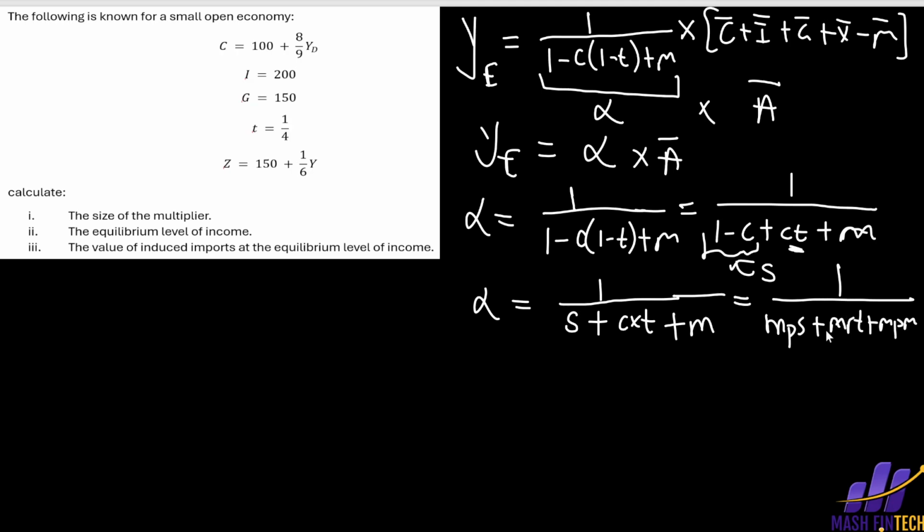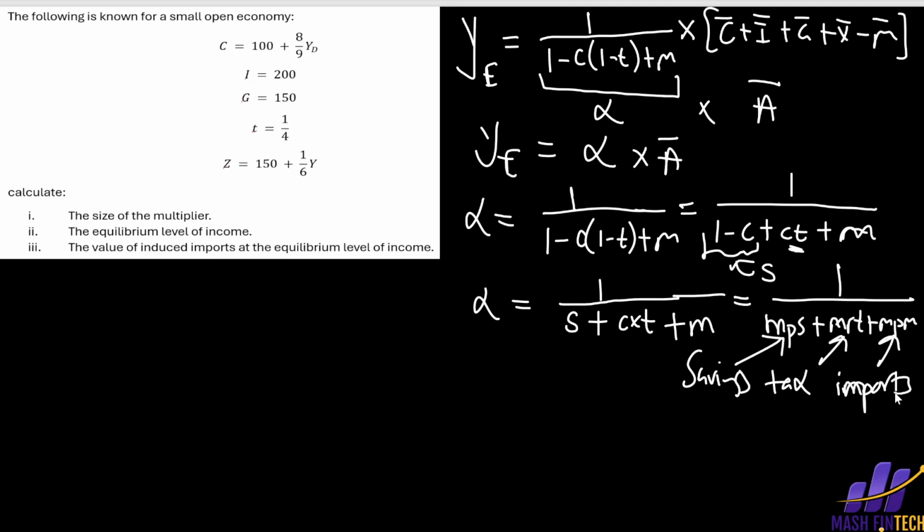And this goes back to what I was telling you guys earlier, to say it's just the summation of the withdrawals or the leakages. Savings are a leakage. Money is going out of the economy. Taxes are a leakage. Money is going out from people to the government. Imports are also a leakage, because with imports, we are paying for goods from outside.